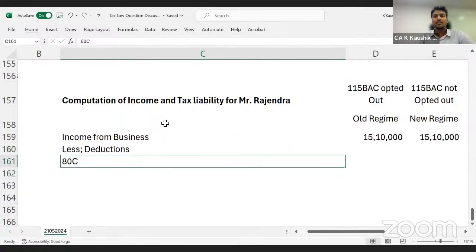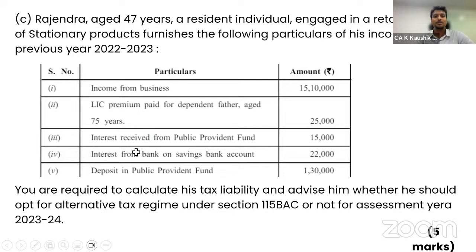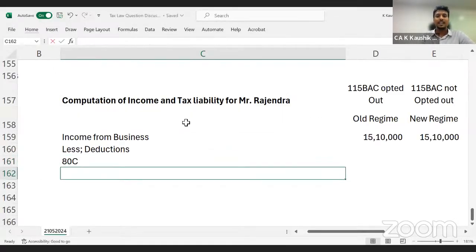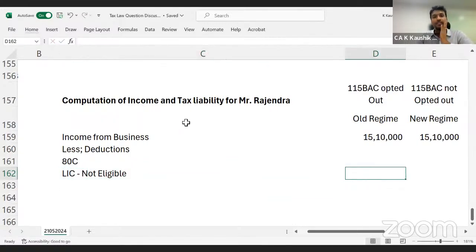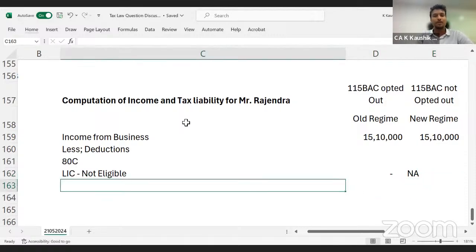Under 80C, which deductions are eligible? LIC is not eligible. If 115 BAC is opted out, this is not eligible, 0. If he had not opted out, under the new regime it is not at all applicable.